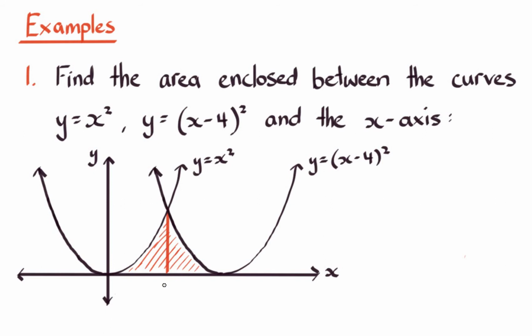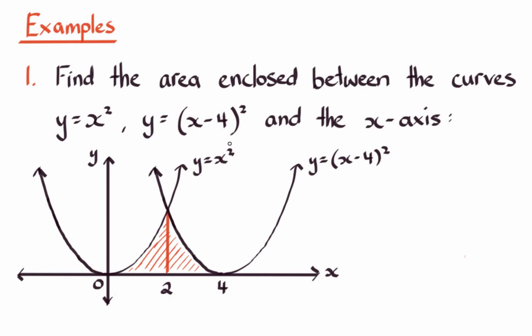However, what is this x value? The x value of the point of intersection. Well, we know this vertex lies at 0 and this vertex lies at 4, and because they are identical parabolas in shape, we can use symmetry to see that this must be 2.